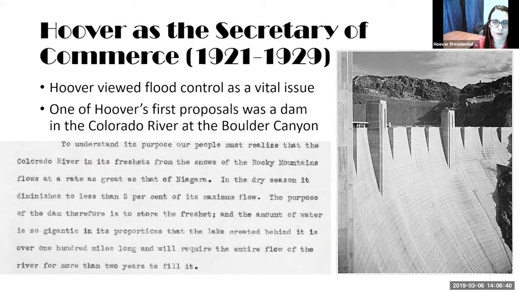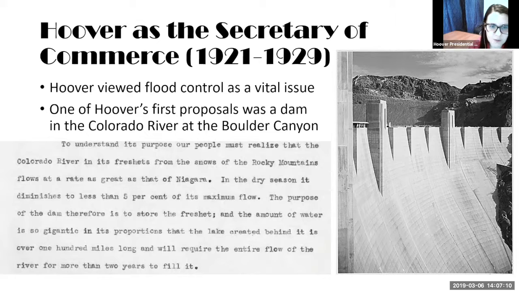So, cooperating with local officials, Hoover was able to coordinate relief and rebuilding with just cities and local areas. But he came to view flood control as a vital issue for the United States. The United States could not keep growing westward without flood control and without irrigation waters to water crops.